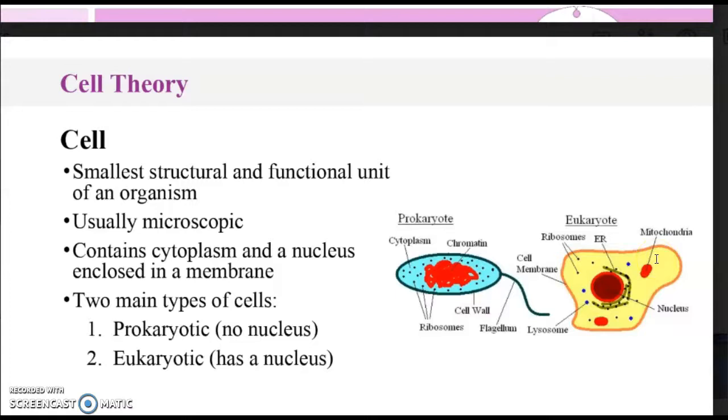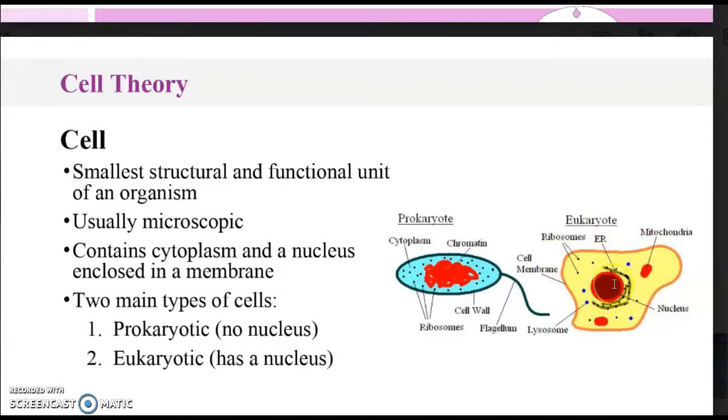If you think of a cell as a person, within a person you have different organs that have different functions that keep the body alive. Well, a cell is very similar in that way, that there are little organs called organelles within it that help keep the cell functioning.